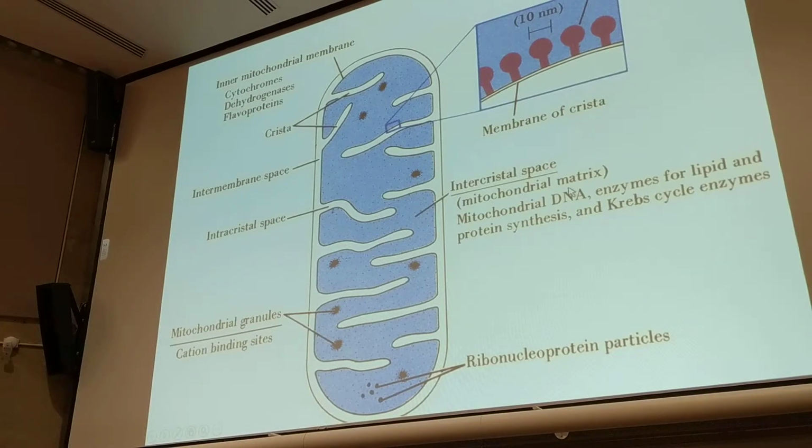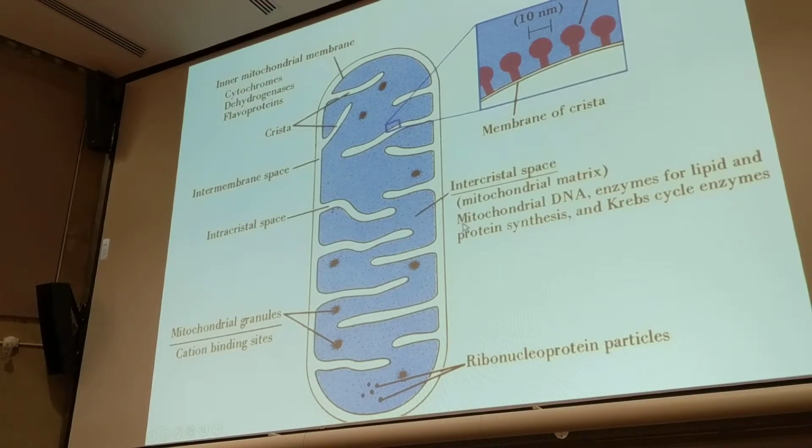Here we have the DNA. The mitochondria has DNA, its own DNA. And we'll see that over the course of the lectures. It has enzymes for lipid and protein synthesis, and is responsible for the Krebs cycle. It has all the enzymes.